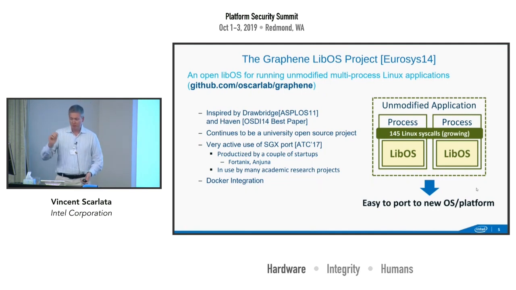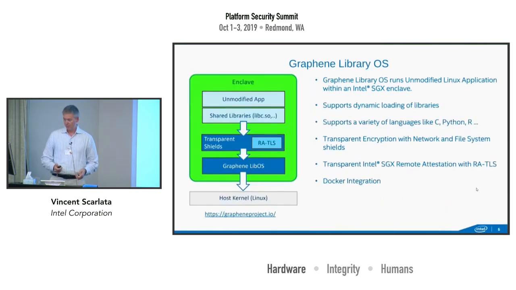This was inspired by Drawbridge, and then we've taken the same cue Haven did to add SGX to the picture. We've worked with some universities and open sourced the Graphene SGX version, which takes unmodified applications, which can be Docker images, and puts them into an enclave.